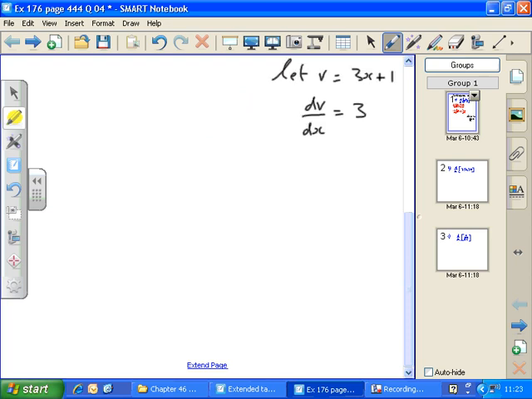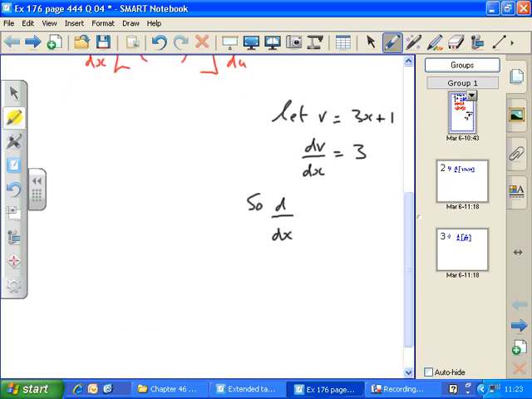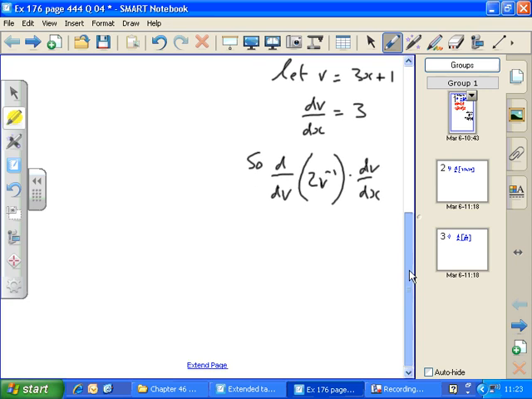Now what we do is we find d by dx of the function, we find d by dv of the function 2 times v to the minus 1, because we've let v equal 3x plus 1, and then multiply that by dv by dx, which we found is 3.